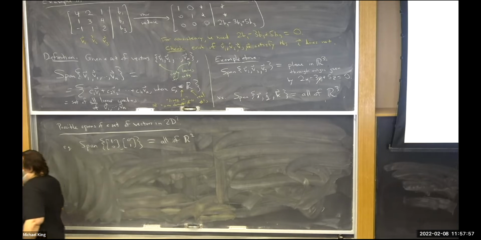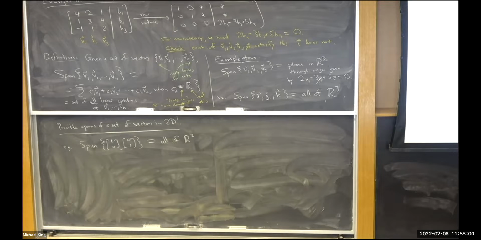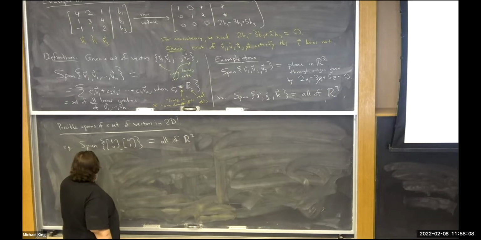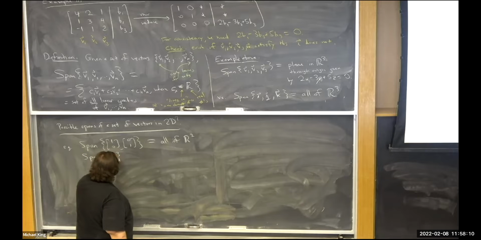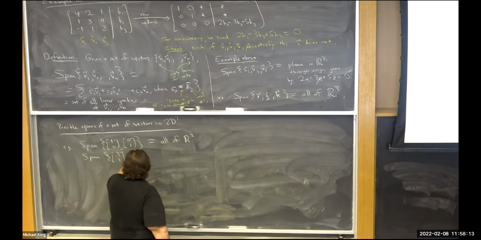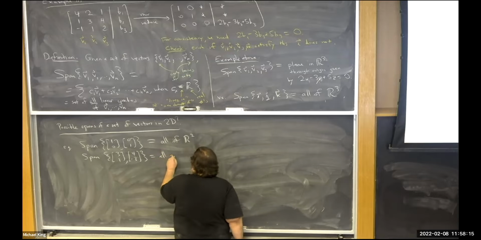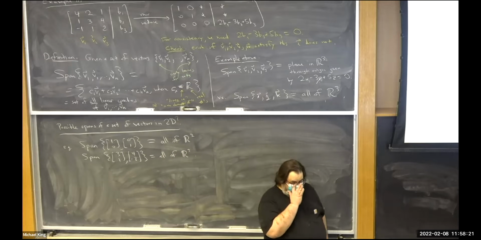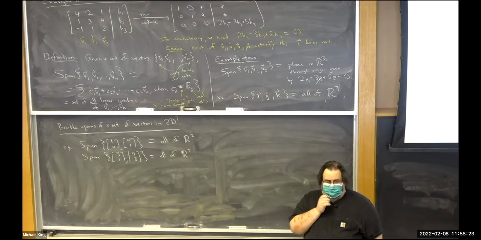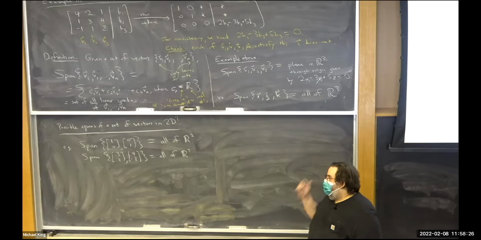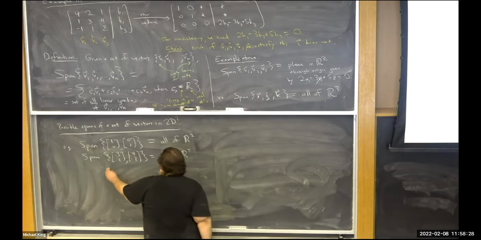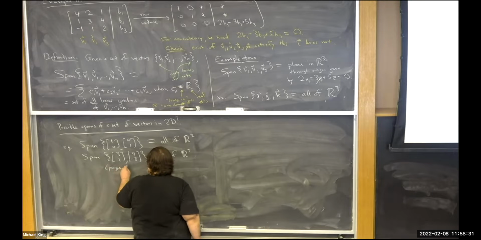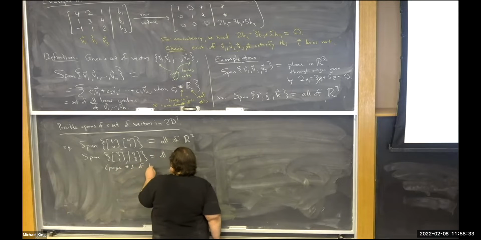The example we saw in the handout, the 2D example, was the span of (3, 1) and (4, -3), which is all of R2, because we could find any vector as a linear combination of these two vectors. That was from earlier on page 1 of the handout.